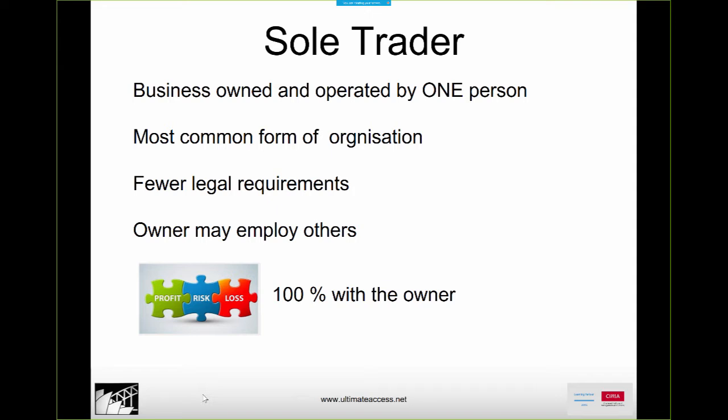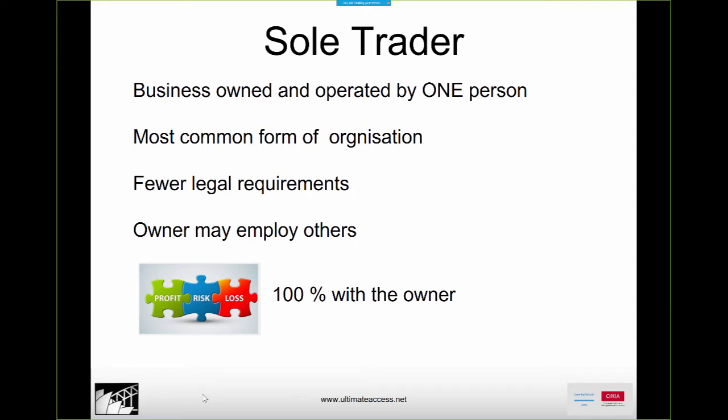sole trader. Now, if I look at it from a tax angle, the sole trader, even though it's a company, will be treated as an individual, and the individual will pay income tax. The amount that the person gets from this business as a profit will get linked to his or her income, and they will have to pay the tax on it, right?